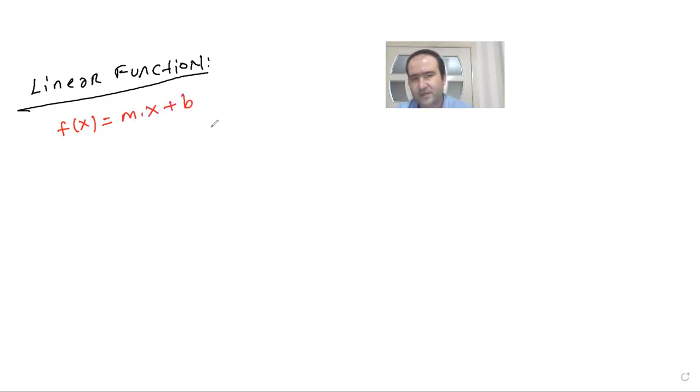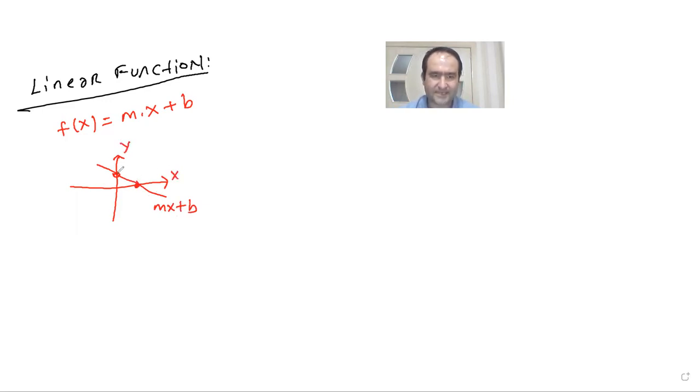It's a linear function. So its graph is like a line, like this. A graph like this. Line, mx plus b. Do you understand?